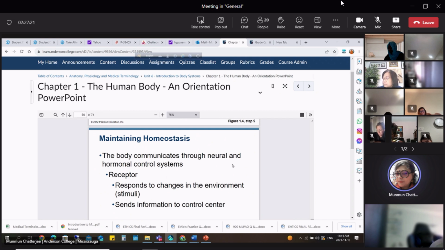To maintain homeostasis, your body communicates through neural and hormonal controls. Neural means related to nerves, receptors, the nervous system. And the hormonal system produces hormones; that is the endocrine system. What are the different parts? Receptor. What is the receptor? They quickly pick up any changes in the environment or stimuli.